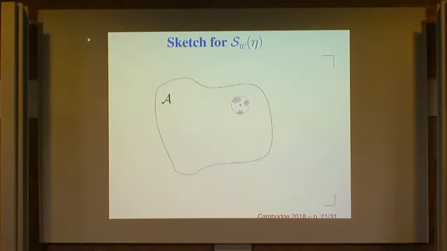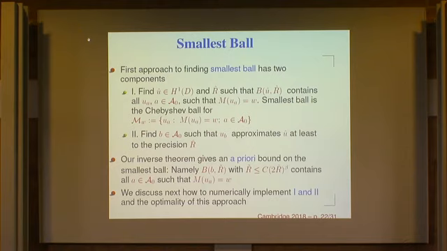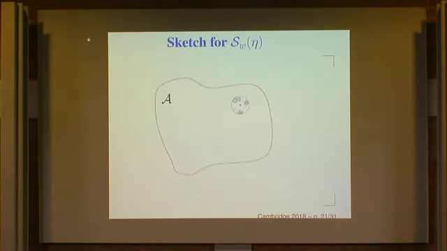Okay, so that's the sketch. The sketch is to find a net, right? These points are a net, and they're a net in the sense that any parameter that gives rise to W is close to one of these red points, right?